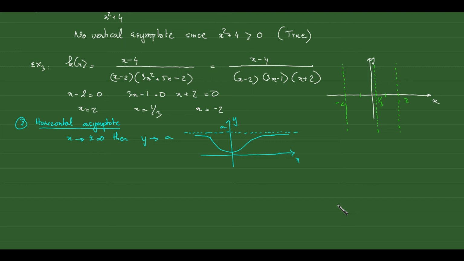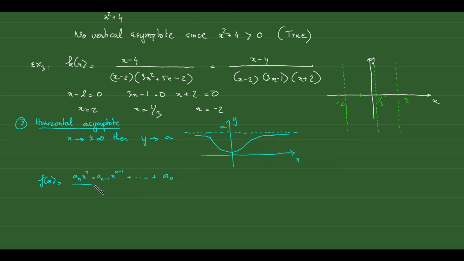So how do we find the horizontal asymptote? We have a rule. Now let's go back to the definition of the rational function. A rational function is a function in fractional form, where the numerator contains a polynomial and the denominator contains another polynomial. So it must be in this form: a_n x^n plus a_(n-1) x^(n-1) plus blah blah blah, plus a_0.